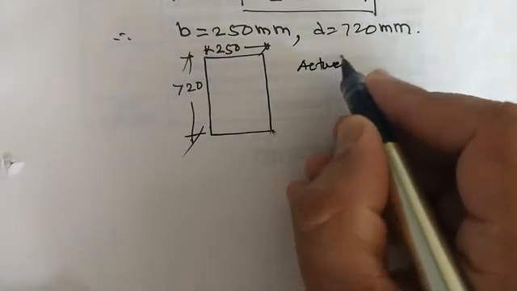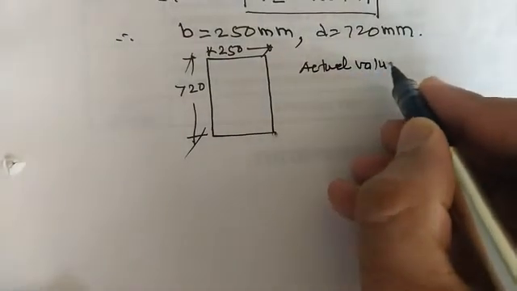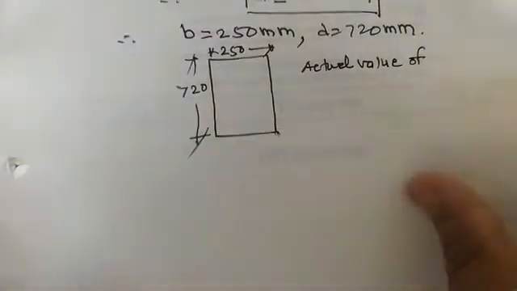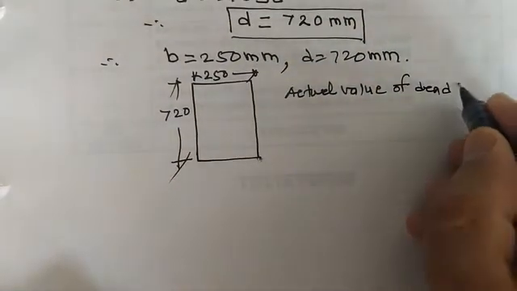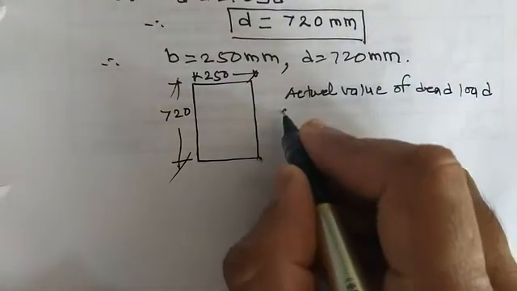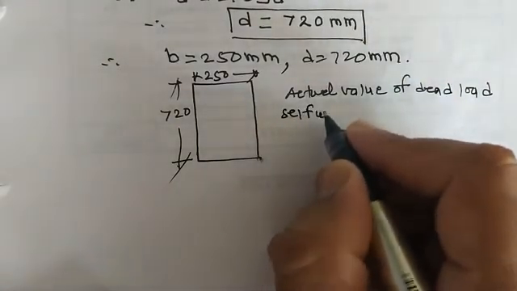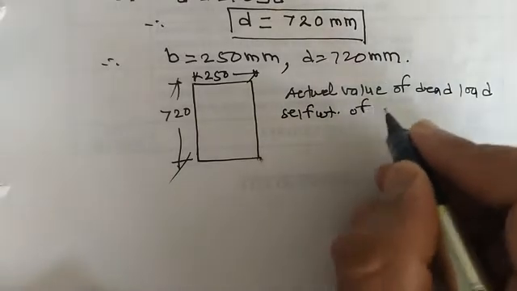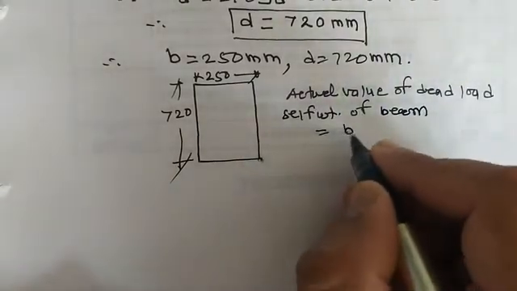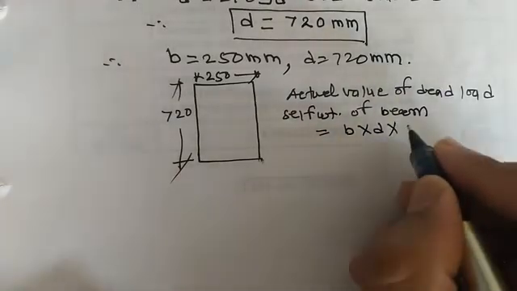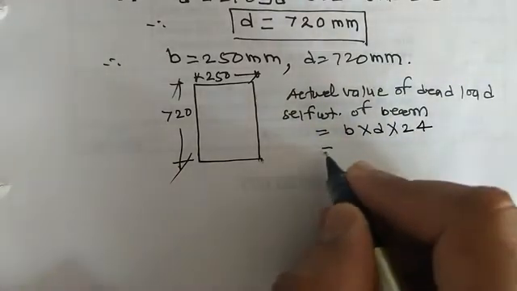So the actual value of dead load means it is the self-weight of the beam. This is the actual value. So width into depth into density of pre-stressed concrete, which is 24.